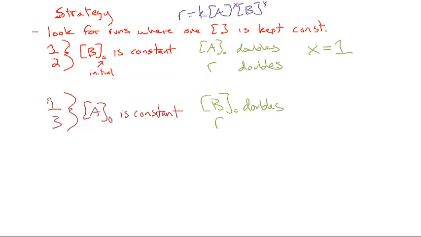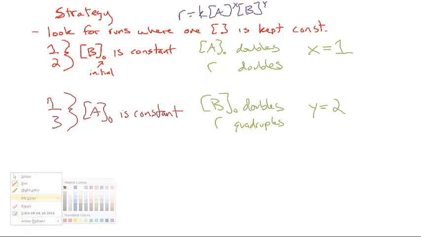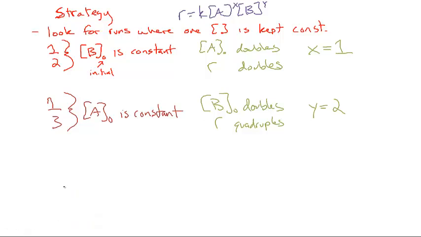What happens to the rate when you double the concentration of B? Quadruples. So what is the exponent for y? 2. So if I want the overall rate law for this reaction, I know it's rate equals k [A] [B]^2.